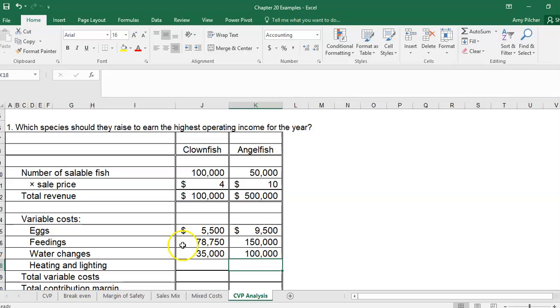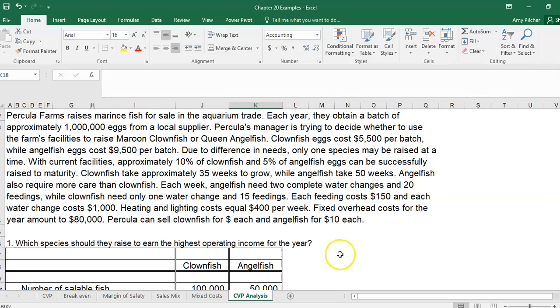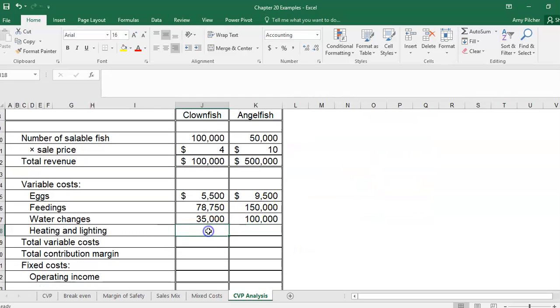Next, we have heat and lighting. We look in our examples, it says heat and lighting costs equal 400 per week. So we have 400 times 35 weeks for clownfish and 400 times 50 weeks for angelfish.